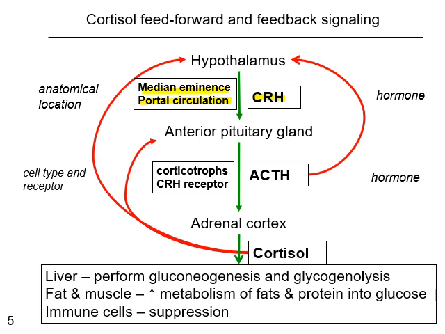The anterior pituitary corticotrophs express the CRH receptor, and when stimulated by CRH, they produce ACTH from POMC, pro-opiomelanocortin. ACTH is released from those corticotrophs into the systemic circulation, blood flow.